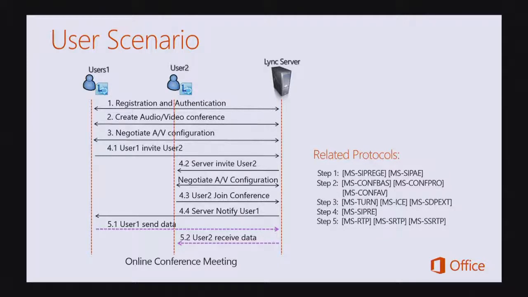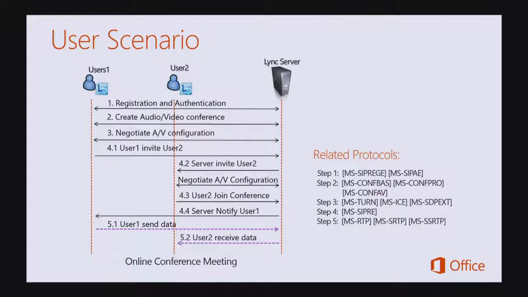User 2 also needs to negotiate the parameters for passing through the firewall, mapping the private address to the public address. Then user 2 will send the join conference request to the server. After user 2 joins the conference, the server will send a notify message to user 1 to let him know the other user has already joined the meeting, so you can have a conference call now.